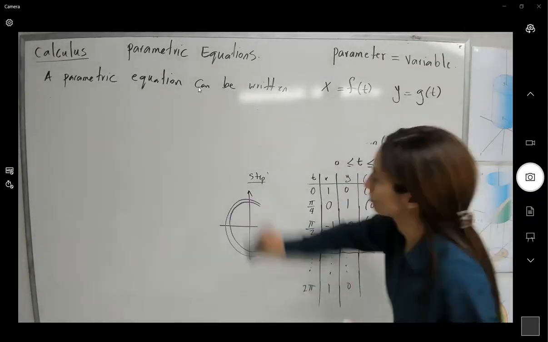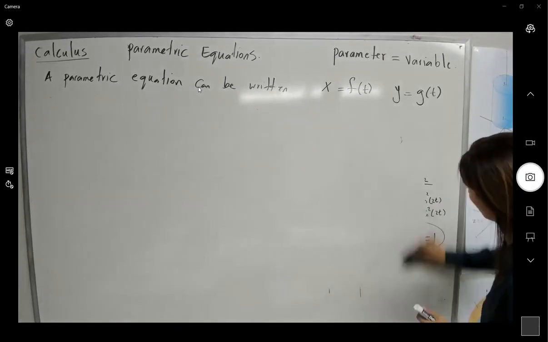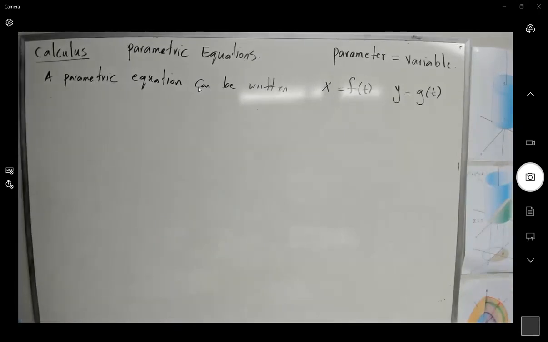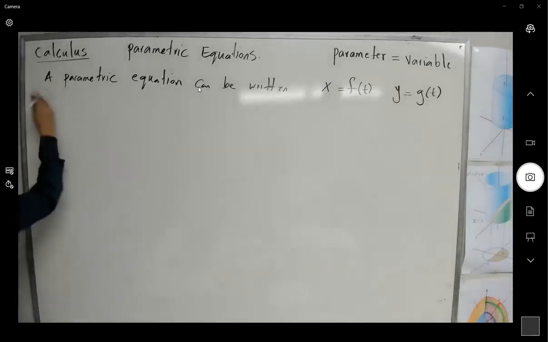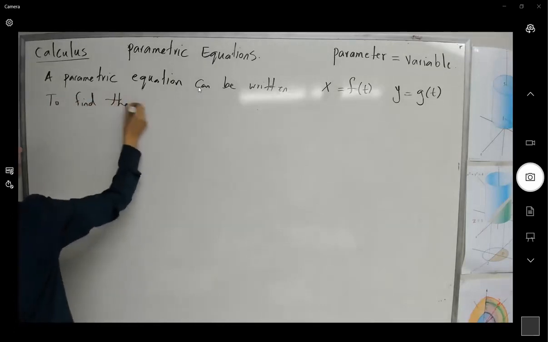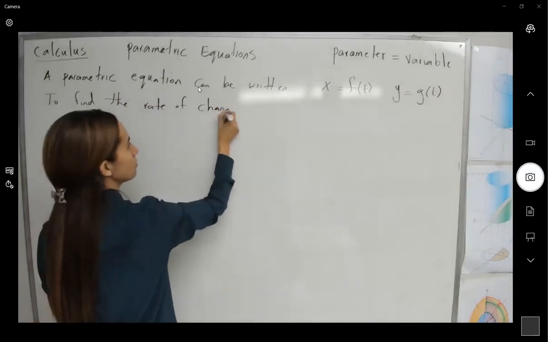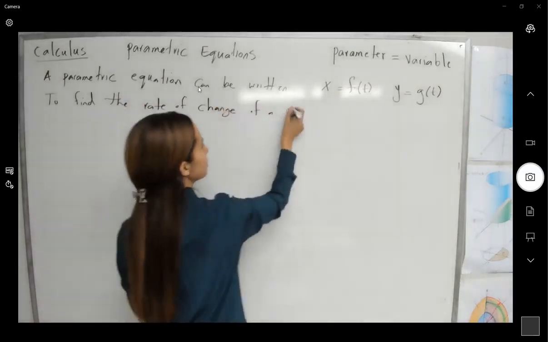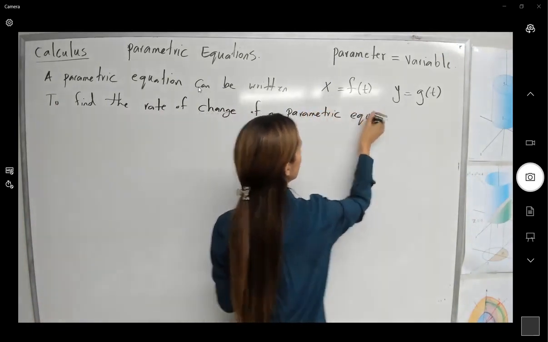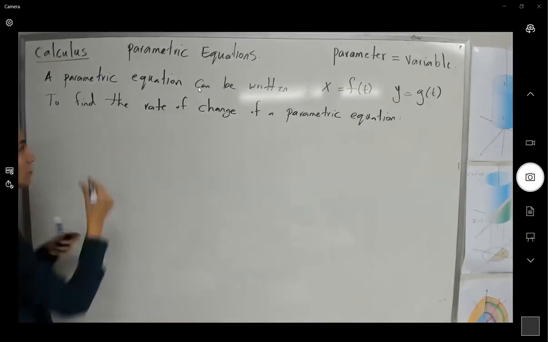So, to find the rate of change of a parametric equation, we have two options.